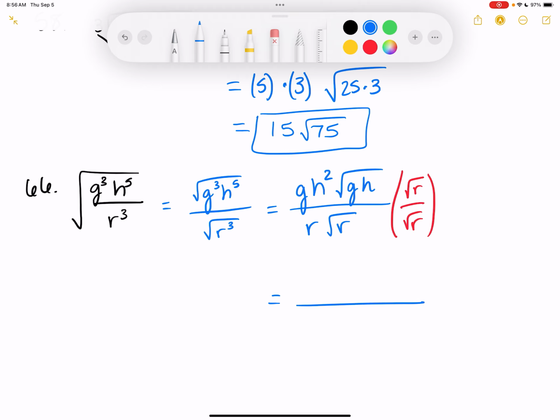So I'd have r times r, or r squared on the bottom. On the top, I just multiply that r that's in the radical by the stuff that's in the radical on the other piece, since everything's being multiplied. So this would be gh squared times the square root of ghr. And that would be your answer on that one.